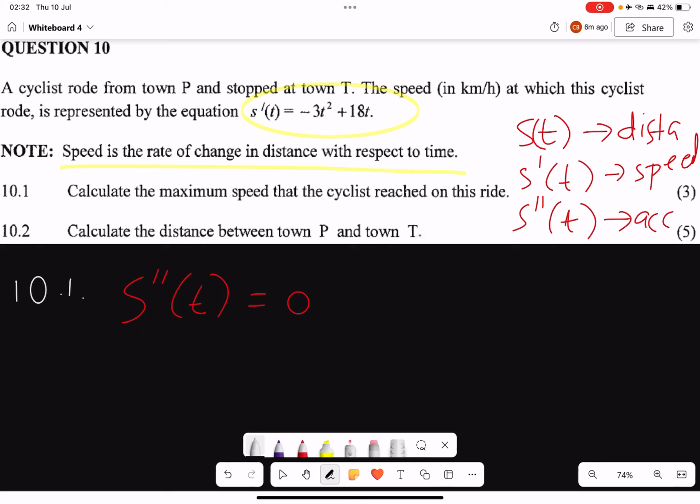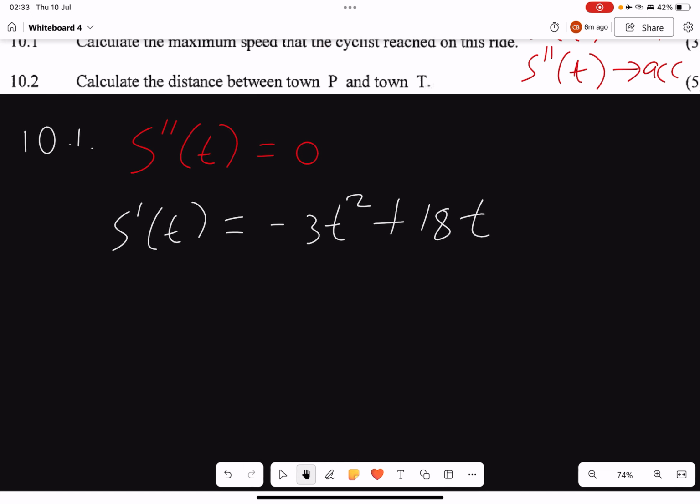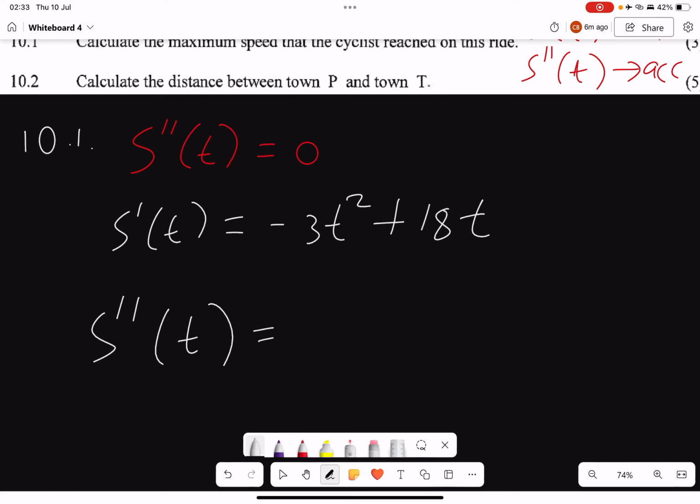So now let's start. The first derivative is given to be negative 3t squared plus 18t. And then I need to do the derivative of the derivative, which is going to be negative 6t plus 18.